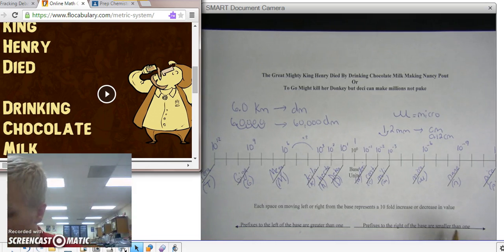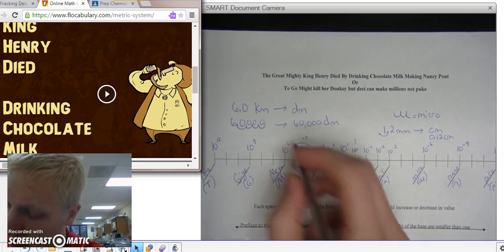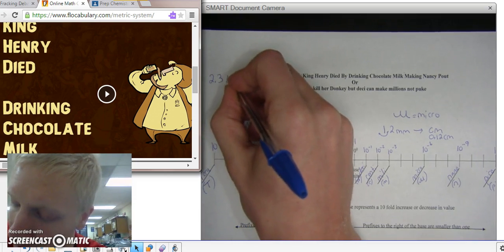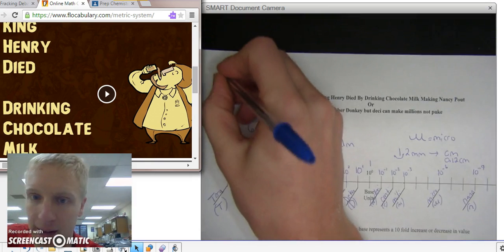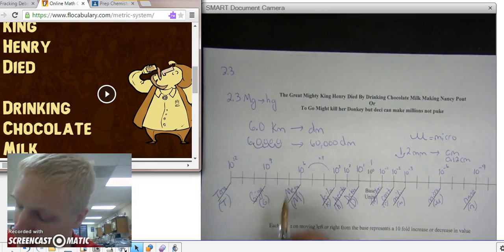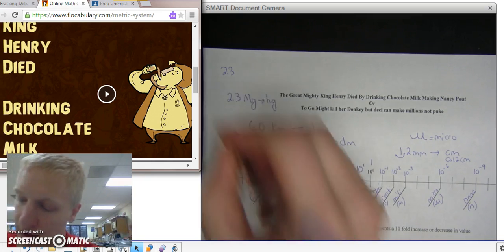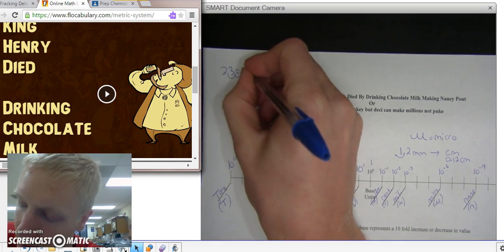Doing one more example, why don't we do a hard one? Or a harder one. Alright, 2.3 megagrams and let's convert that to hectograms. So I'm going to write 2.3, and I want to move it from mega 1, 2, 3, 4 steps.